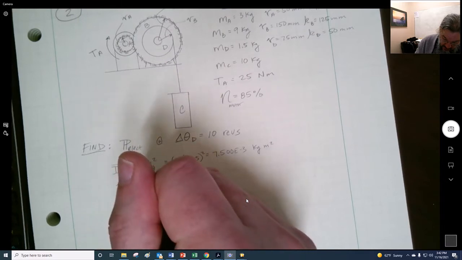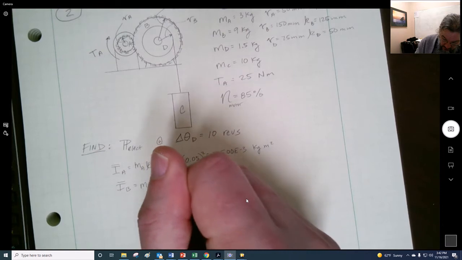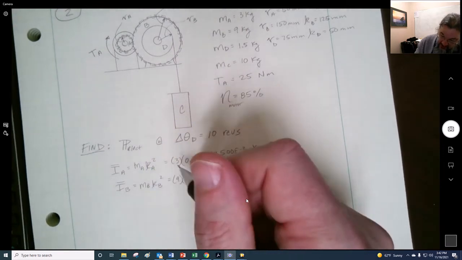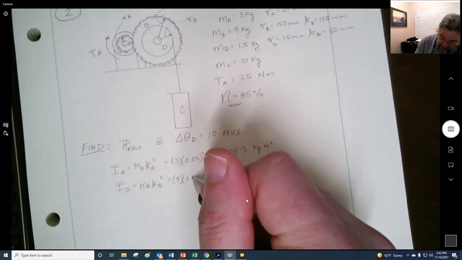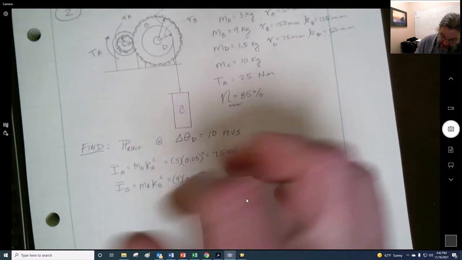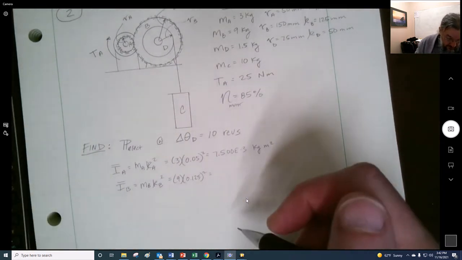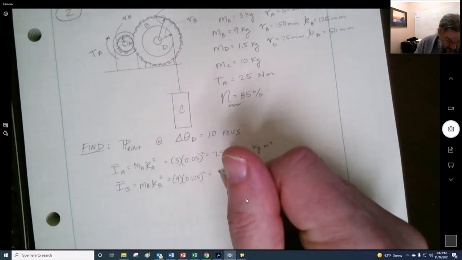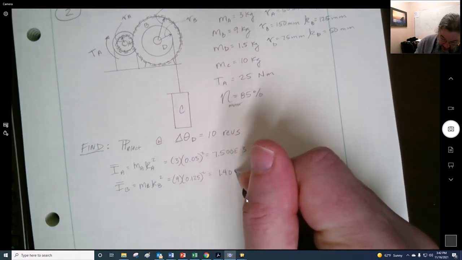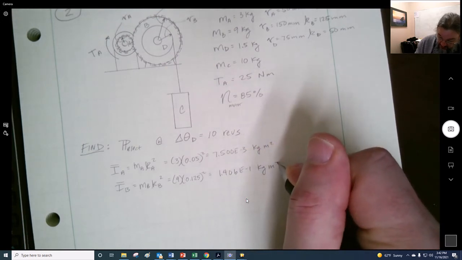IB should be slightly more, since the radius of gyration is 125 here. So 0.125 squared times 9 is, keeping it in scientific notation, E minus 1 kilogram meter squared.